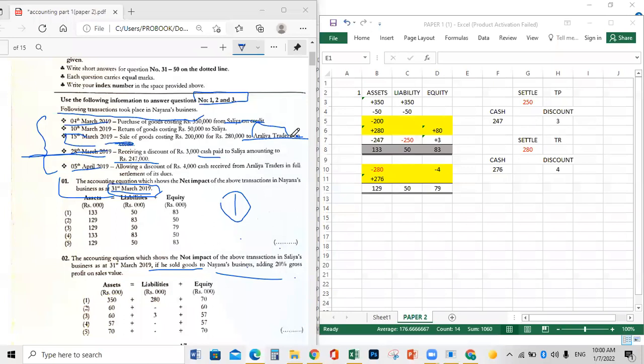Okay, so what did you all do, guys? What is the first thing you did to get this answer? The students who are confident with your answers, can you tell me the first thing you did? Okay, now I'm getting correct answers. Now they are talking only about Salia's business.